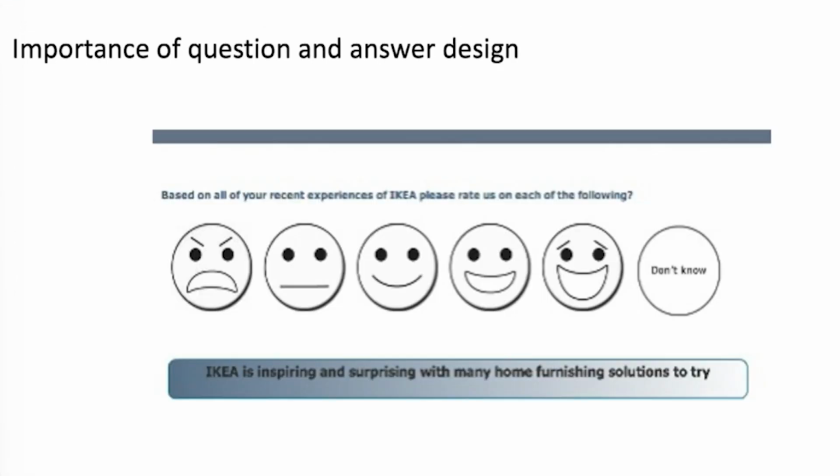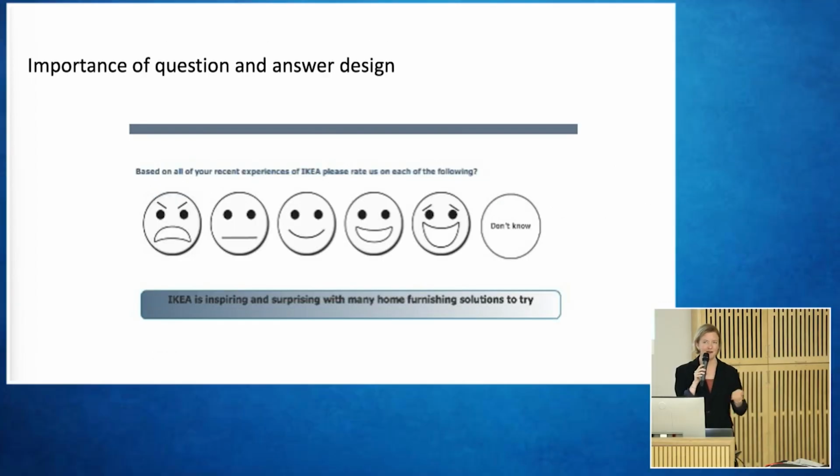Here's another example of kind of a fine question, I suppose, although I see some double-barreledness in here, but a very strange answer. So this question is, based on all of your recent experiences at IKEA, please rate us on each of the following. IKEA is inspiring and surprising with many home furnishing solutions to try. So that's kind of an okay question, I guess, if you often feel inspired and surprised at the same time.